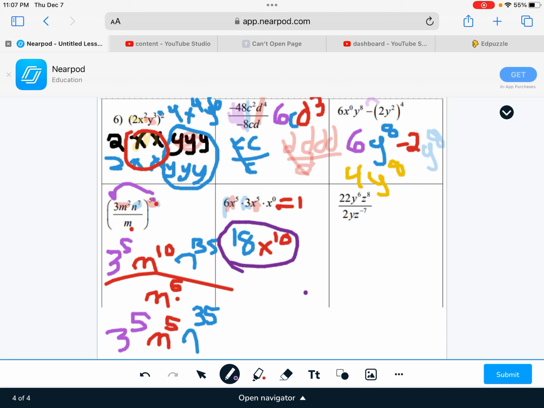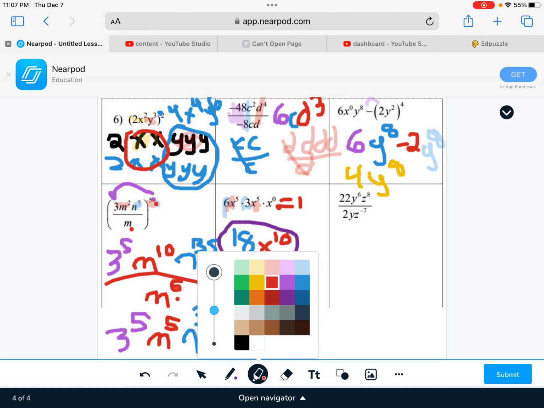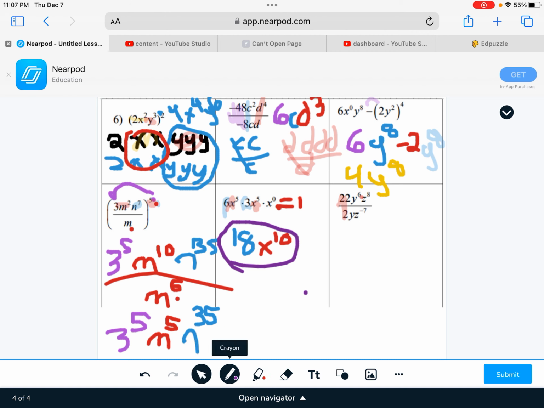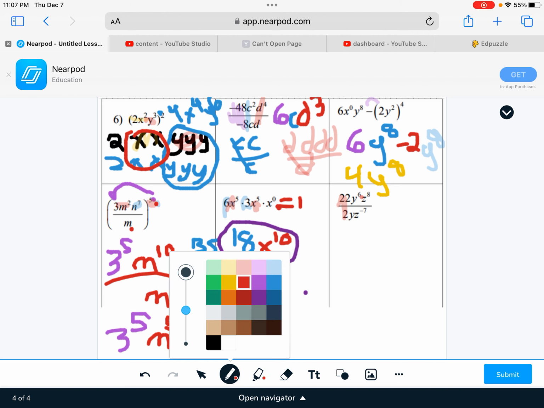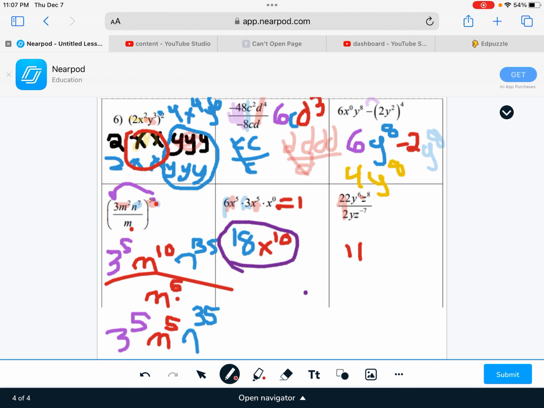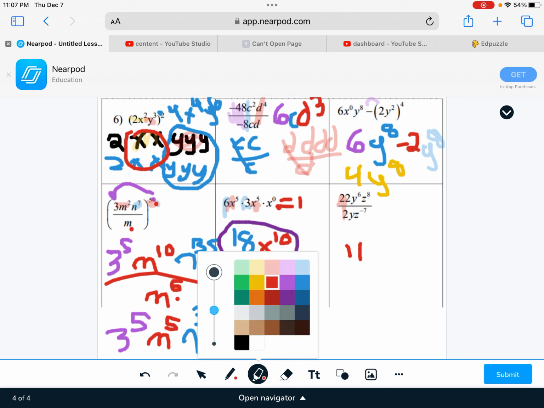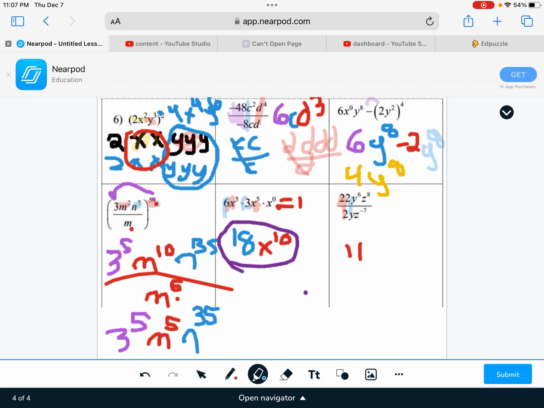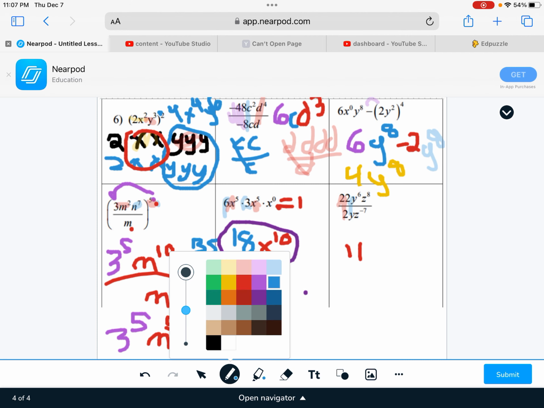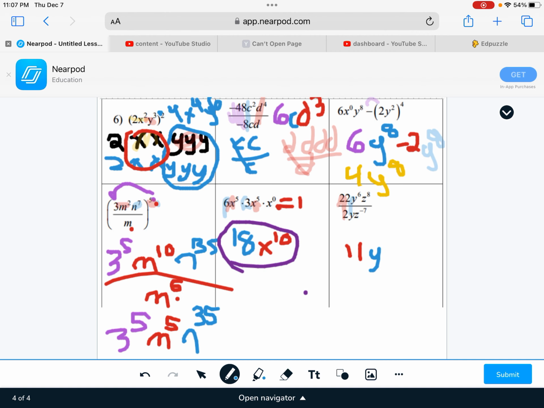The last one I'm looking at is the fraction. I'm going to, again, look at the coefficients first, these 22 and 2. And when I divide those, 22 divided by 2, I get 11. My y's, y's are interesting. I got 6 of them on top, and I'm dividing one of those 6 out on the bottom. 6 take away that 1 on the bottom gives me a total of y to the 5.